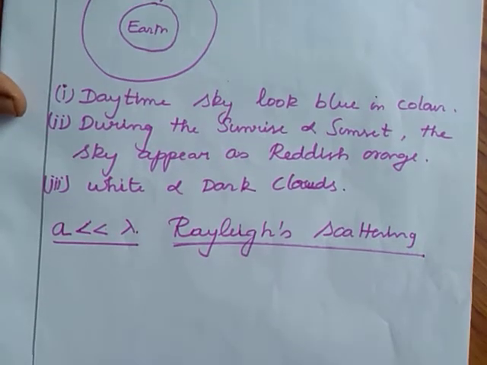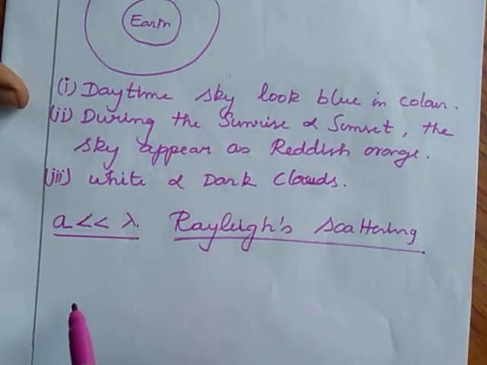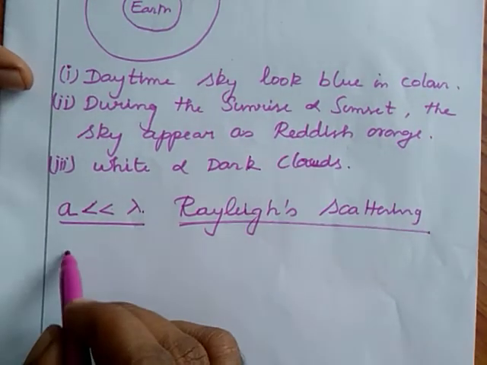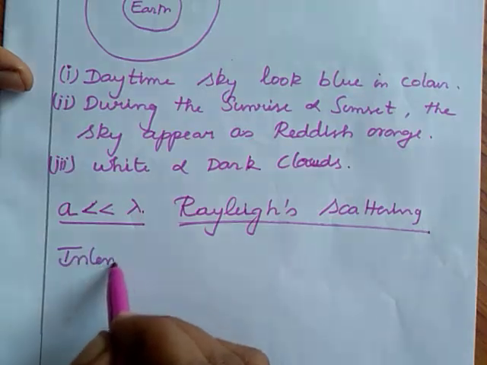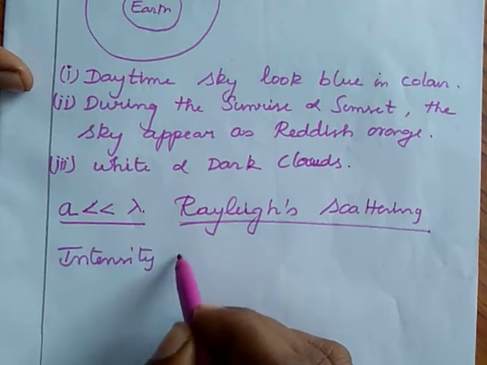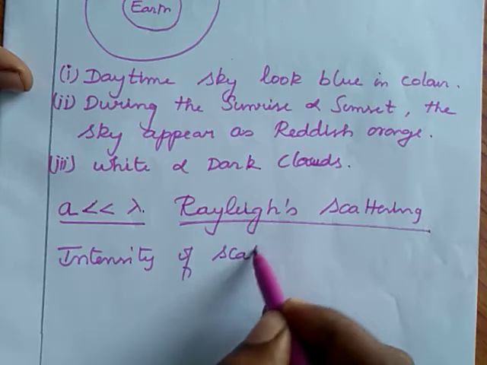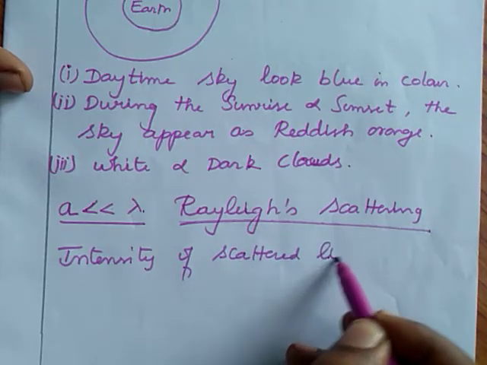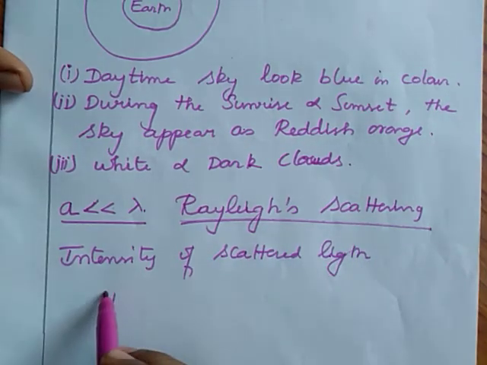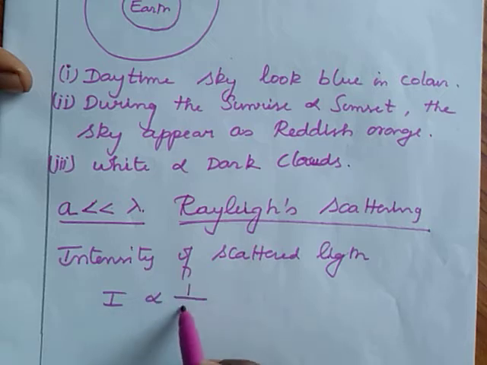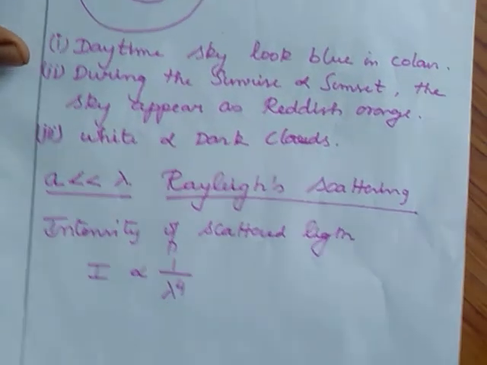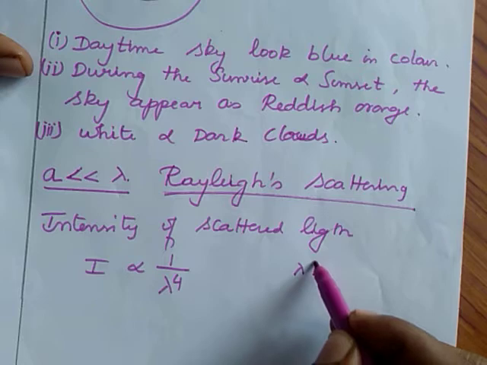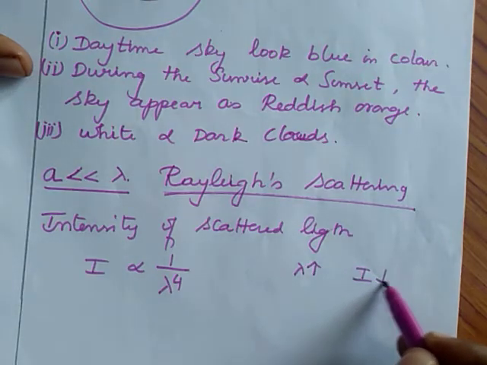During this scattering, the intensity of the light scattered is inversely proportional to the fourth power of the wavelength. The intensity of scattered light, I, is inversely proportional to the fourth power of the wavelength. That means if wavelength increases, the amount of scattering decreases.